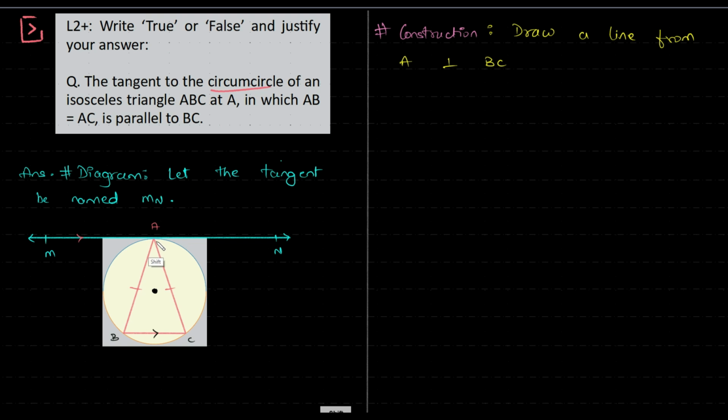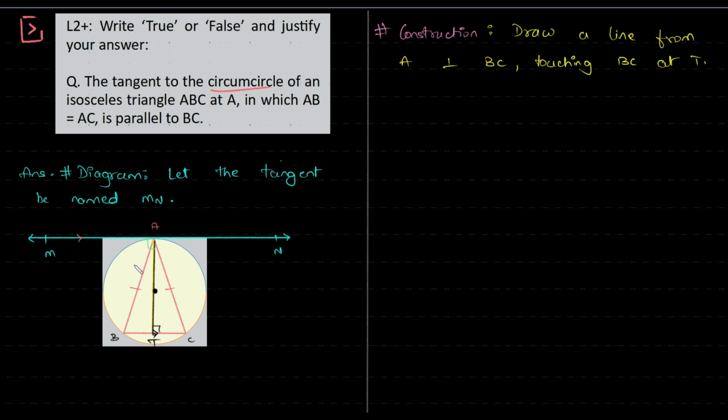So this is perpendicular touching BC at T.